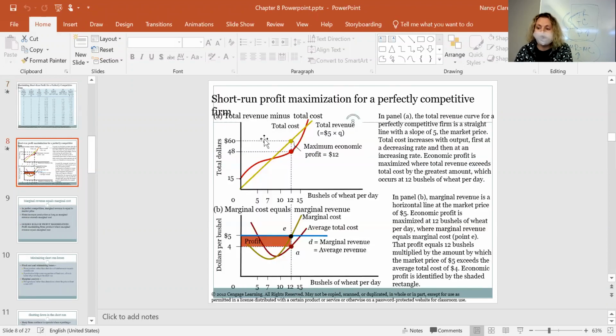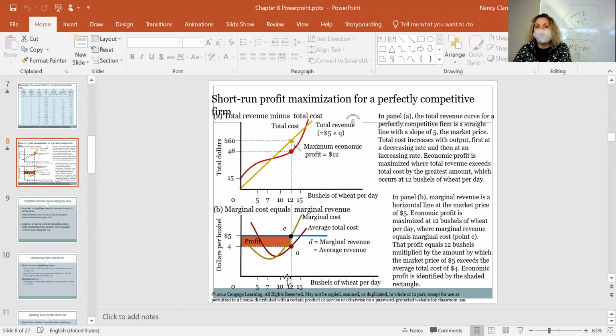And then we looked at the graph on the top and we talked about it. But if you have nothing except for this bottom graph, you still can find all the information that you need. So MR equals MC, travel down to your x-axis, which has your quantity on it, and locate your profit maximizing quantity.